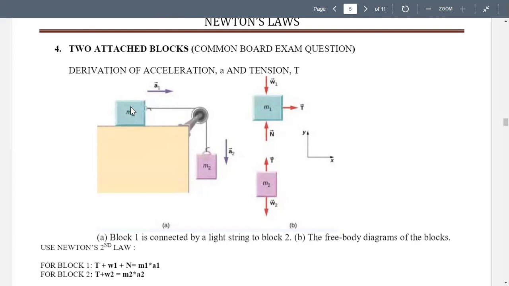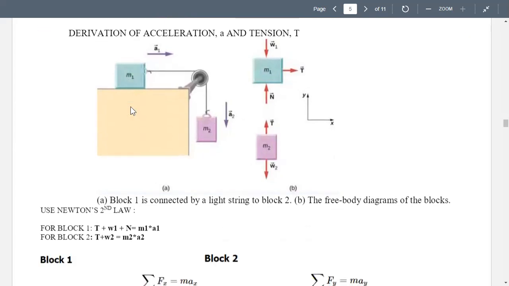To establish the equation, we have to separate the free body diagram of each, namely a separate figure for your M1 and a separate figure for your M2. For the separate figure of your M1, the free body diagram goes through this. Your weight 1 is pointing downwards. Weight 1 is affected by the mass of the block 1, M1.